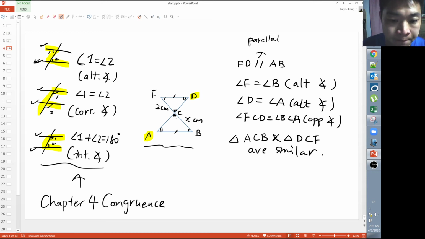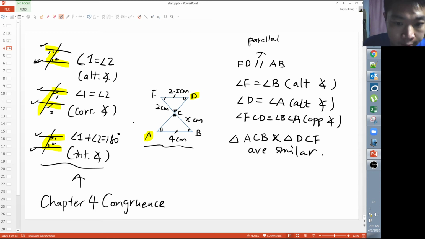But you are given this is 3 cm, and over here, okay, this is not 3 cm. Let me choose another. Over here is 4 cm, and then over here is 2.5 cm.